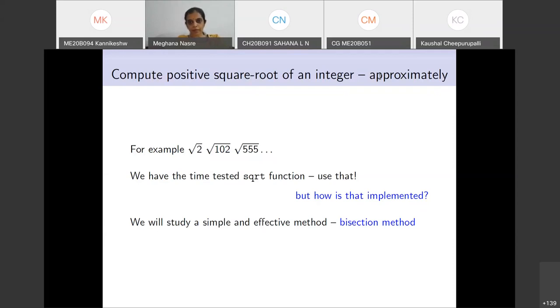Not square root 2, but the square root of the positive integer, let's say x, that we want to compute. So this is our goal in this task.